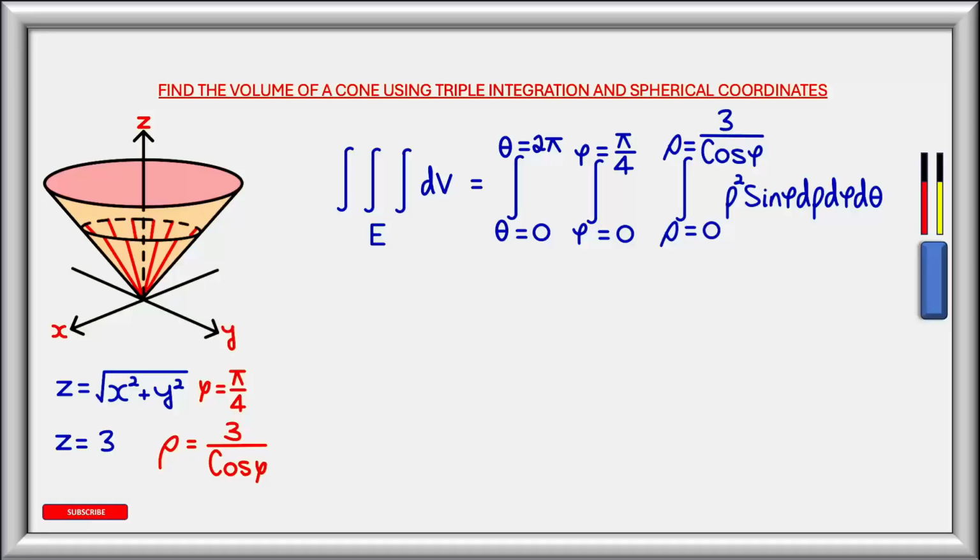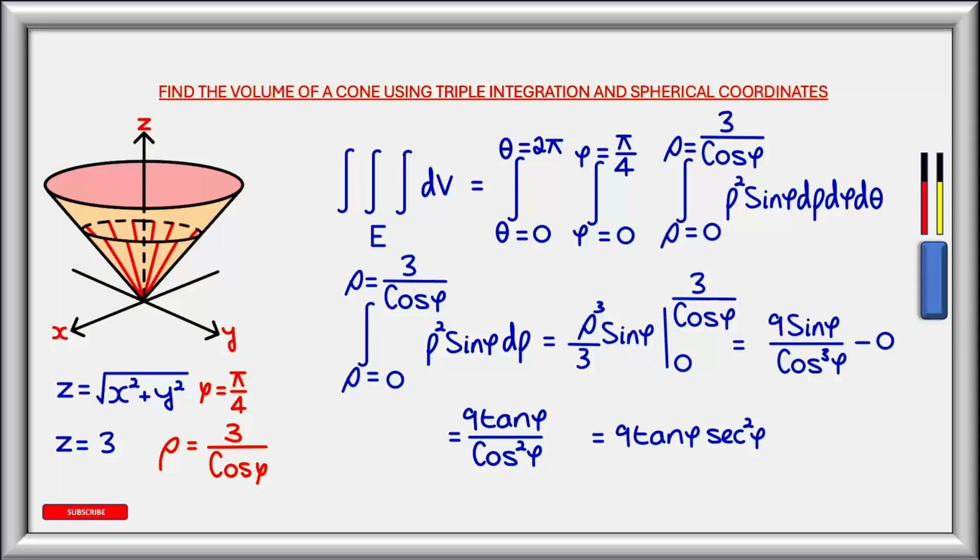So we now have our triple integral where we're integrating ρ squared sine phi d ρ d phi d theta. So let's begin the evaluation process, starting with the inner integral for ρ. So we're integrating from ρ equals 0 to ρ equals 3 divided by cos phi, ρ squared sine phi d ρ. And using the power rule to evaluate this, we have ρ cubed divided by 3 multiplied by sine phi.